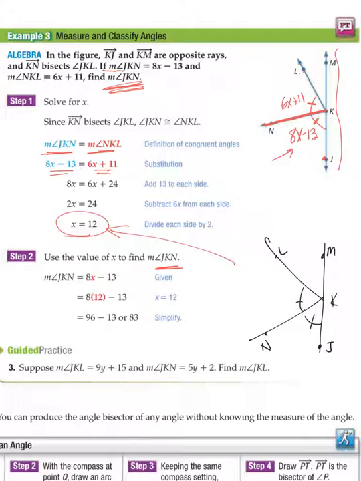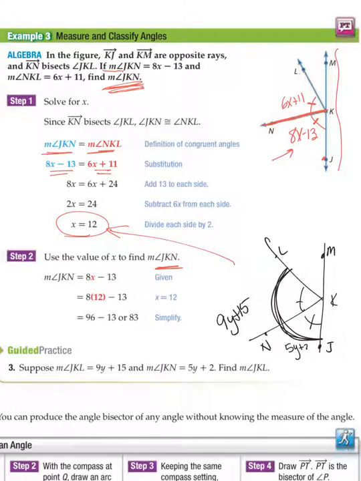Okay, now, we have that same information we're given. Now it says, suppose JKL, that's the whole thing, that's the big angle from J to K to L, suppose that is 9y plus 15. And that JKN, that's the little half piece, is 5y plus 2.